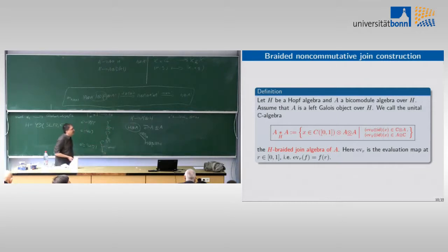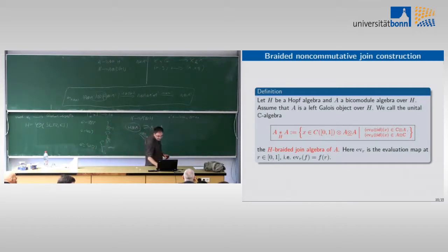So when you define your subalgebra like this, that's what we call the H-braided join algebra. And of course you can very easily verify that if everything here is commutative, and if you complete everything to the C*-level, this will be exactly the picture you have of a classical join, okay? At least for these compact Hausdorff spaces.